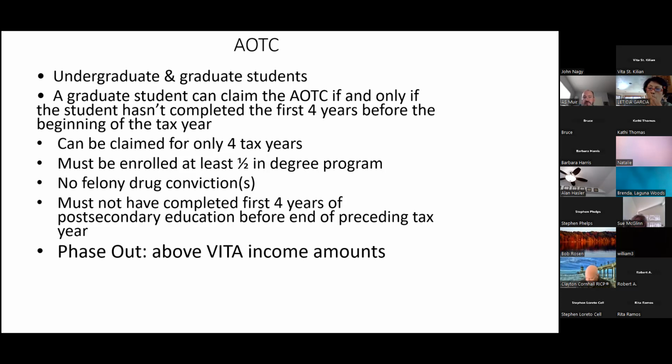Publication 4012 does an excellent job going through what is called the calculation of qualified educational expenses. As we've talked about earlier, for some of the other items there are phase-outs. We don't concern ourselves with the phase-out because in the VITA program, typically we're looking at taxpayers with about $64,000 or less.